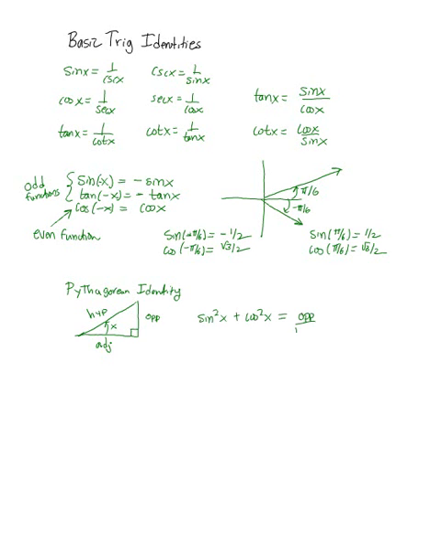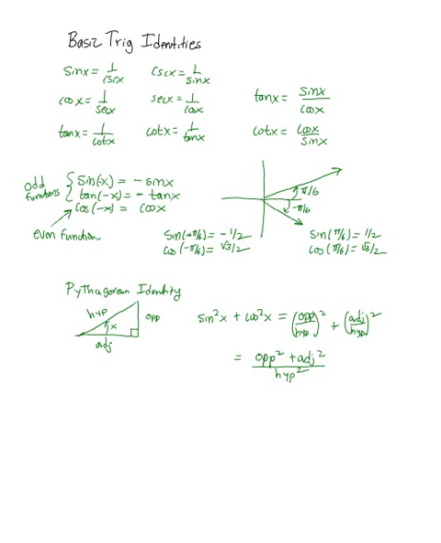That's going to be opposite over hypotenuse squared. Cosine is adjacent over hypotenuse. That's adjacent over hypotenuse squared. So we end up with opposite squared plus adjacent squared over hypotenuse squared, right? Because they both have hypotenuse squared on the bottom, so I can add the tops.